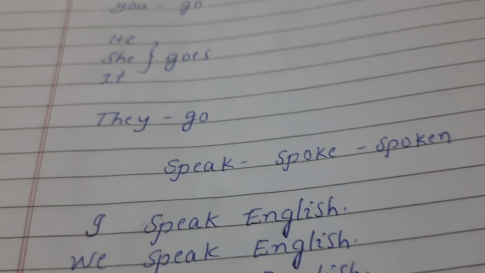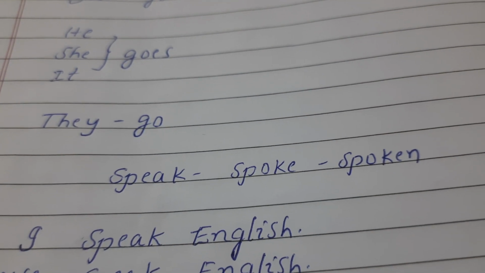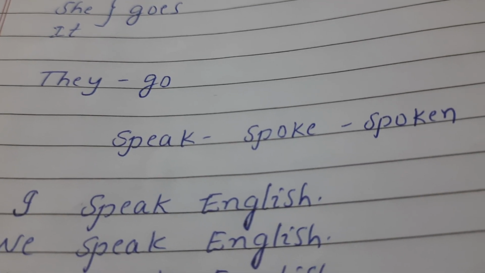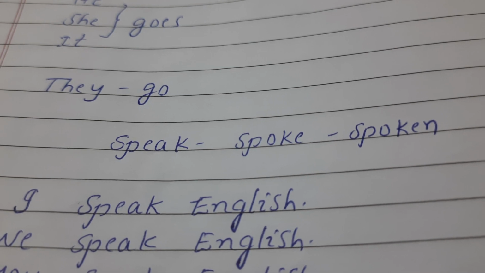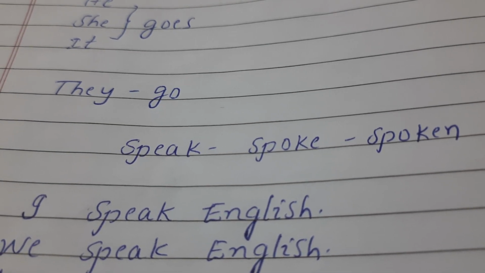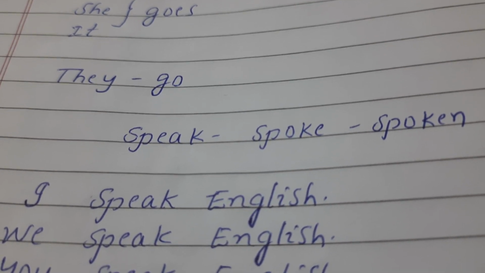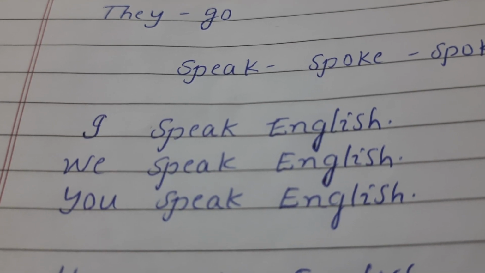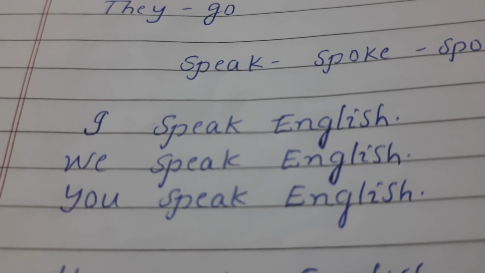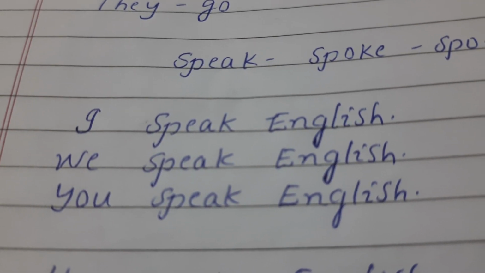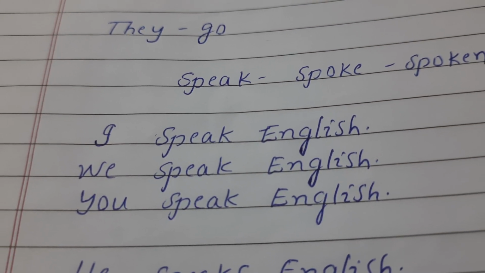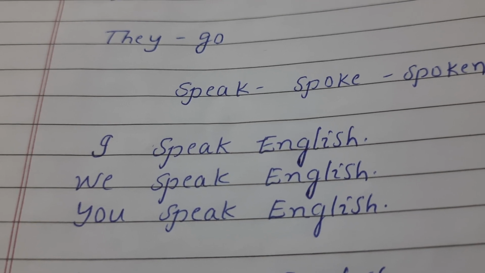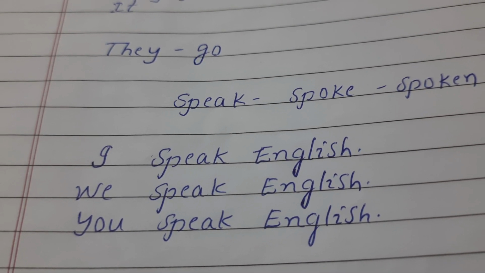Next, here another verb is there: speak. The past tense of speak is spoke, and past participle is spoken. Speak, spoke, spoken. Look at these examples. I speak English. We speak English. You speak English. The subject is I, so there is no change in the verb.